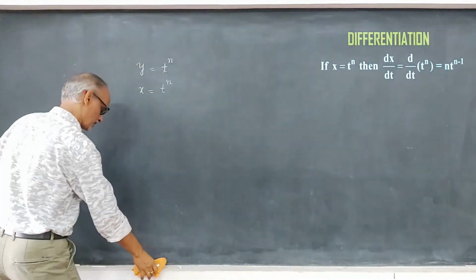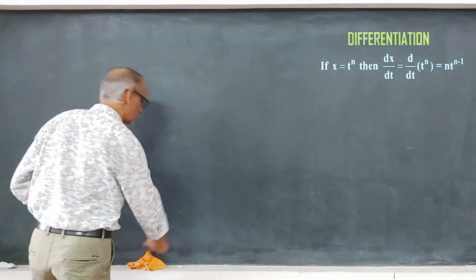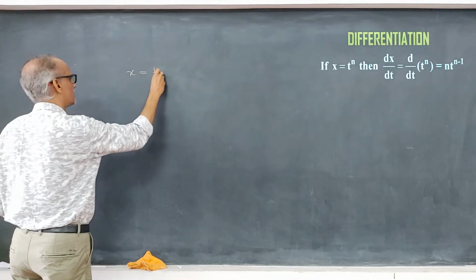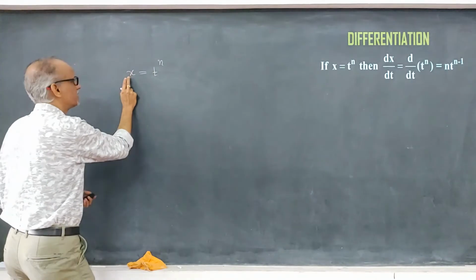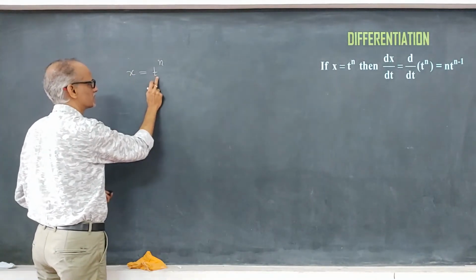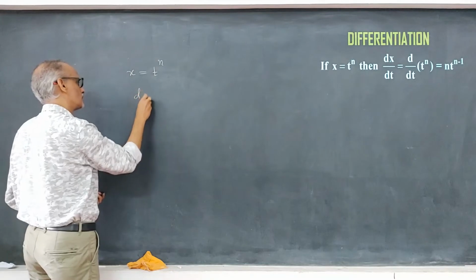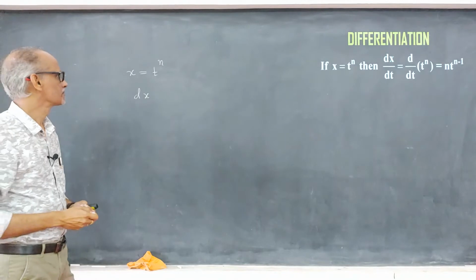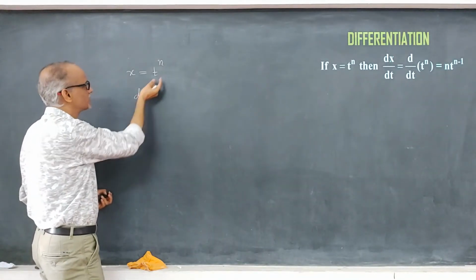But I am going to restrict our discussion, so that is why I am going to consider x is equal to t to the power n. When x varies, t also varies here, correct? Now, when x varies with a very small value called dx, then t also changes.